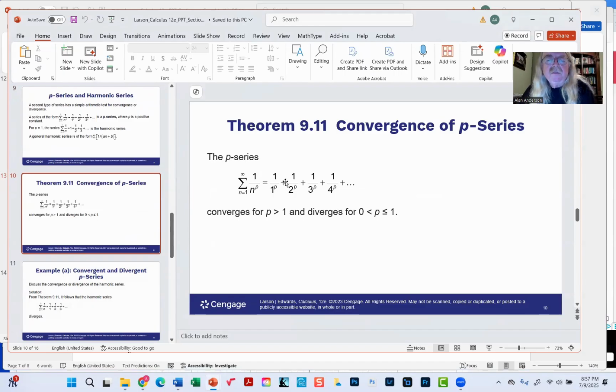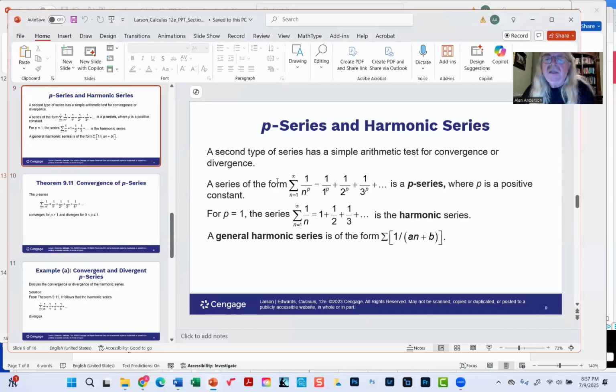And we also know that the harmonic series diverges because there's an implicit P there. P is the exponent, which is 1 in this case.